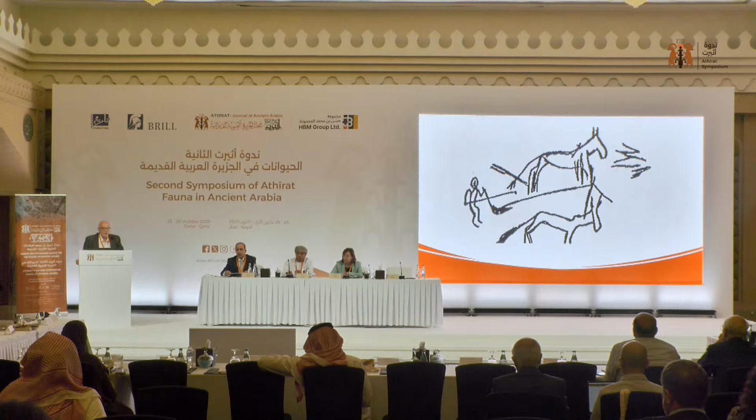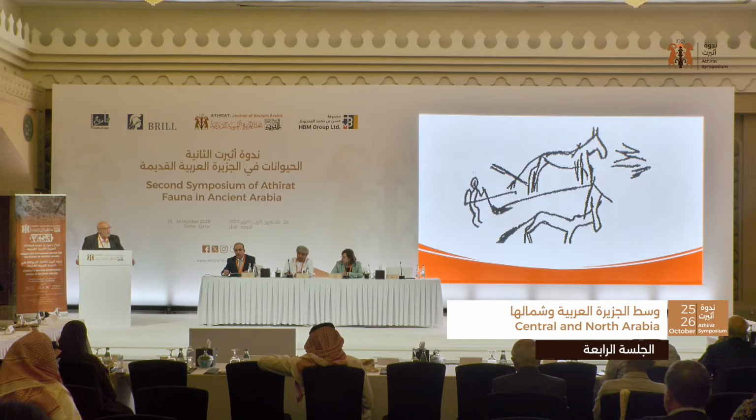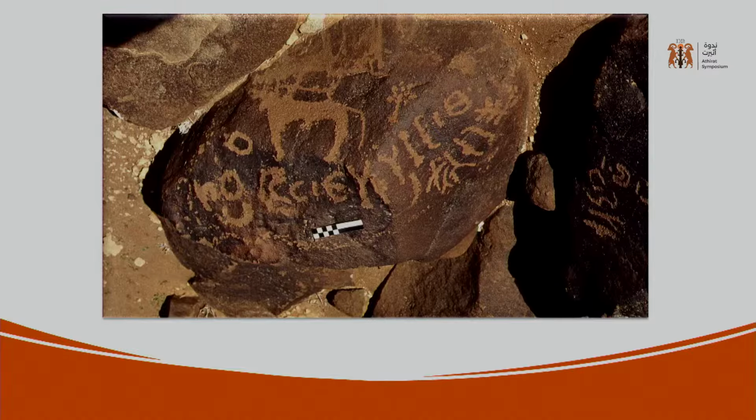I will go back to this point. To go into depth about the description, you can go back to Dr. Ababne's article, because he discusses with very fine details the drawings. Yes, this is another example published by Dr. Fawaz Lekhreshe.